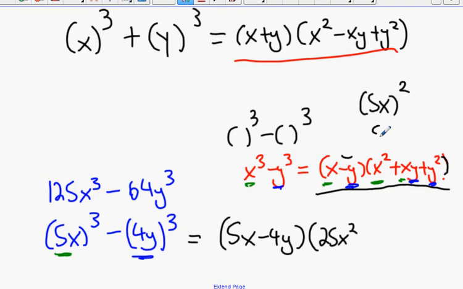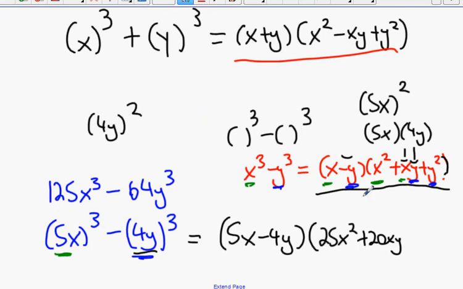Then you're going to have 5x multiplied by whatever y is, 4y, which gives 20xy. And finally y squared. Instead of y I have 4y to be squared, which is 16 what? y squared, because it's 4y multiplied by 4y.